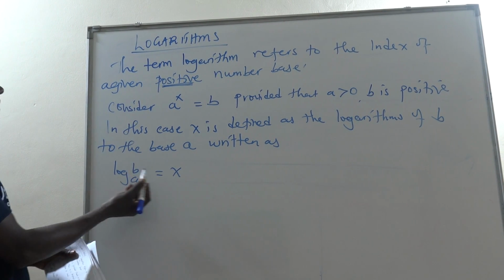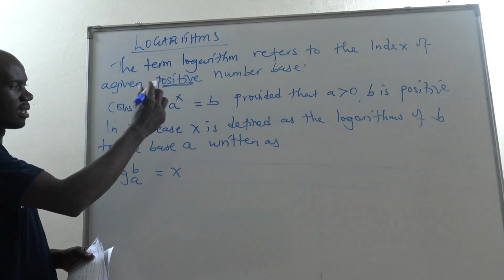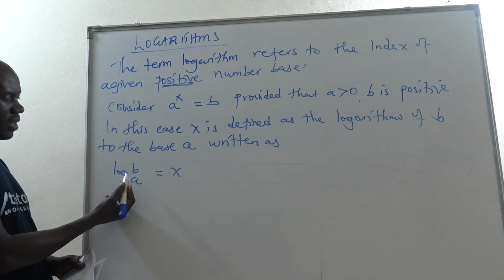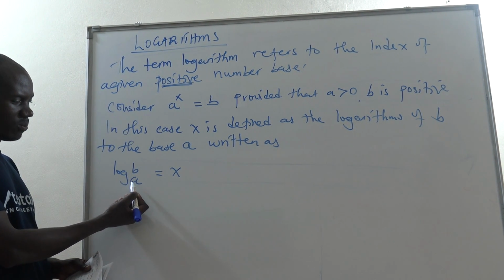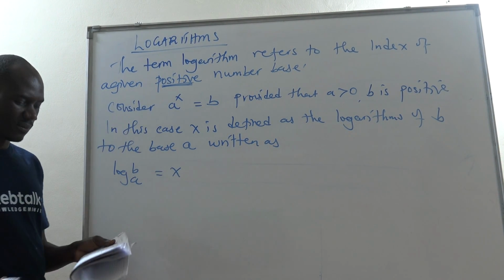When it comes like that from the index form, we write it as log of b to base a equals that number.